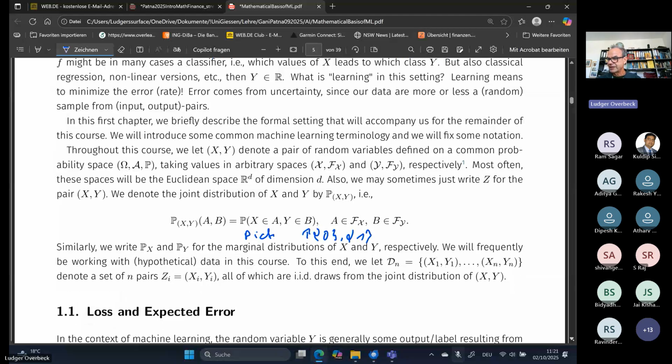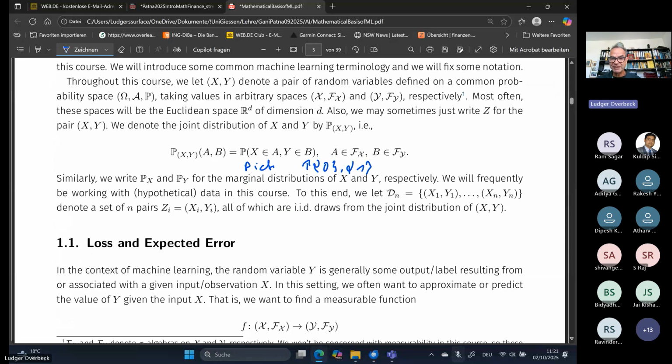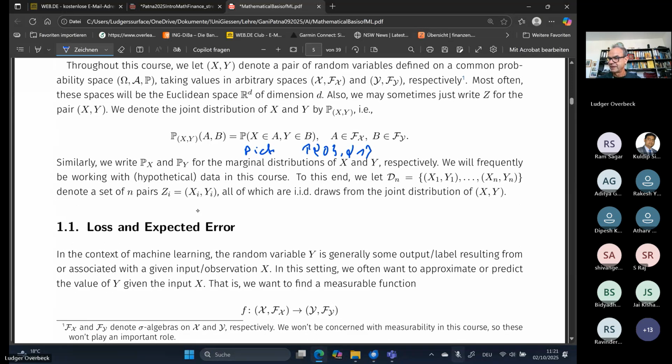If you like, you just take P to be the empirical distribution of your training set. It just counts.